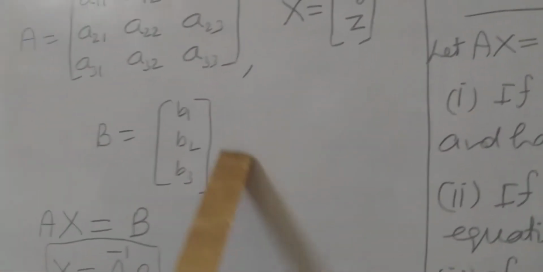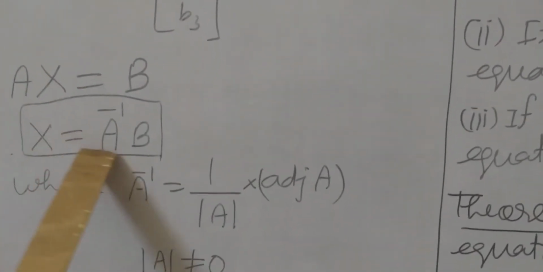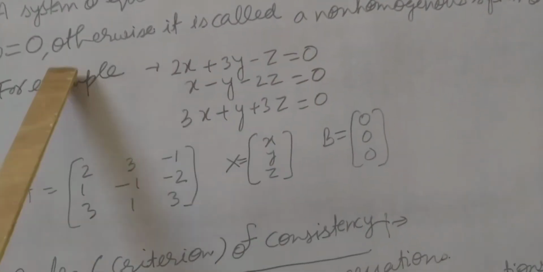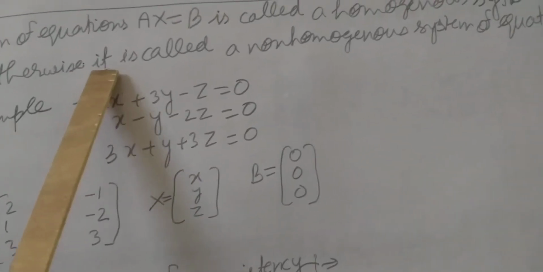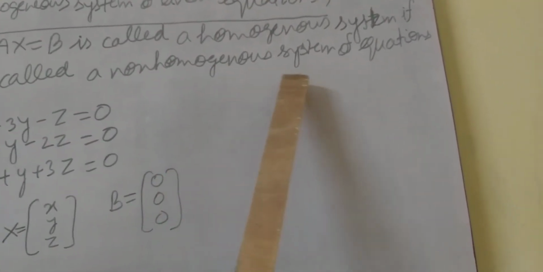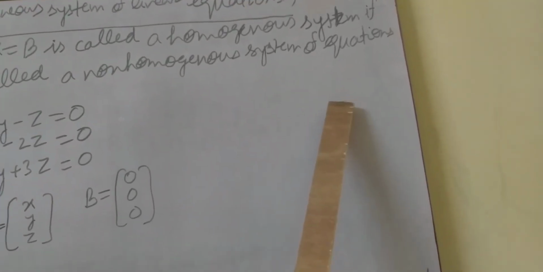If this part B equals 0, then this system of equations is called homogeneous, and otherwise it is called a non-homogeneous system of equations students.